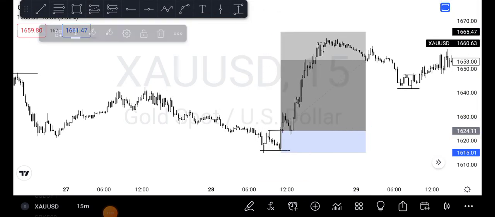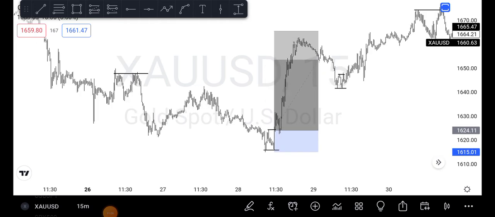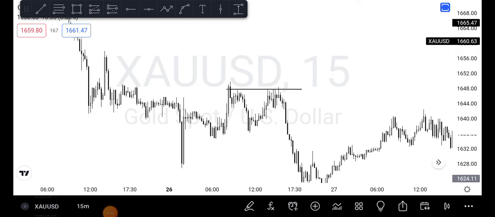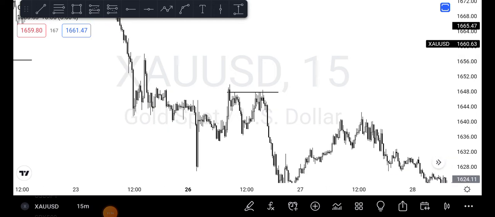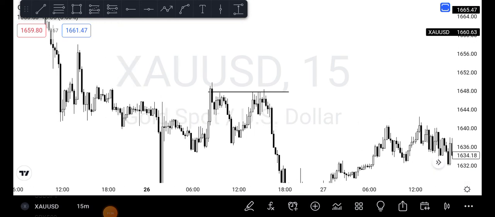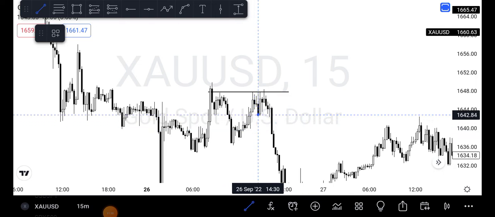You see? So let's see how it works for resistance. I've seen the market wants to go lower. First touch, second touch, valid resistance zone. So I will allow market to give me a willingness to go lower. I will allow it to break the previous low.